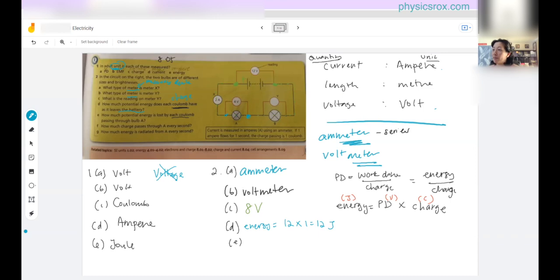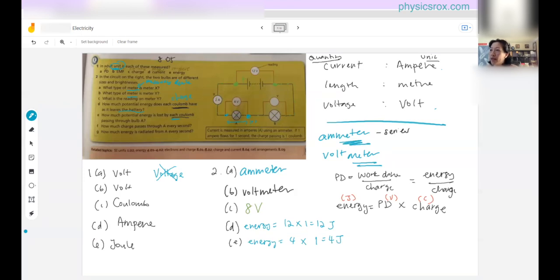That's what they mean. So how much is lost inside? It means it start with 12. How much in between here is lost? It's 4 volts, no? Because the 4 volts is how much work done between these 2 points. But that's the PD. So to count the energy, you just take the 4 volts, and they ask you for each coulomb. So it's 4 joules.